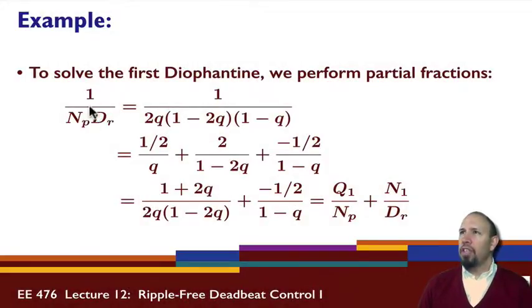For the first Diophantine equation, I have 1 over NP DR. This is NP DR here. When we do a full partial fraction expansion, this is the full expansion.